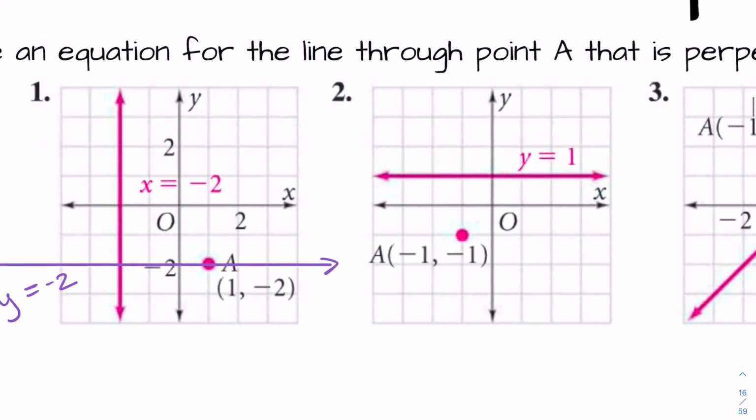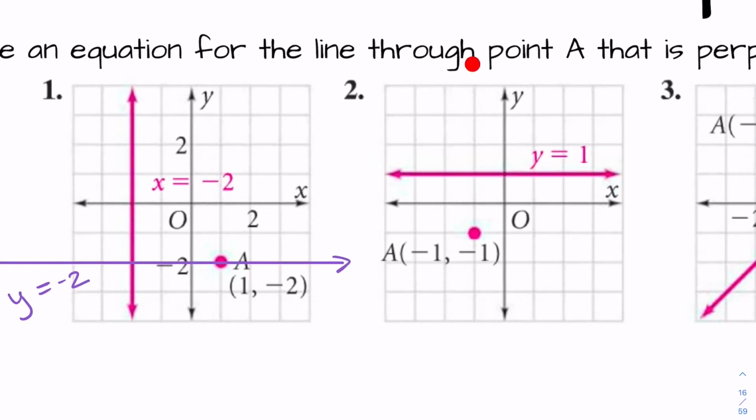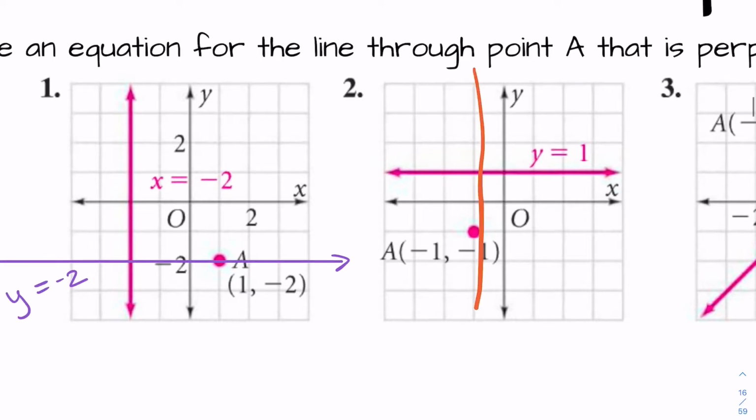This next one, because we're given y equals, we'll now have x equals, and that one is going to be going like this through here, and that is x equals -1. Again, it goes right through this point of -1, where this last one went through the point -2.